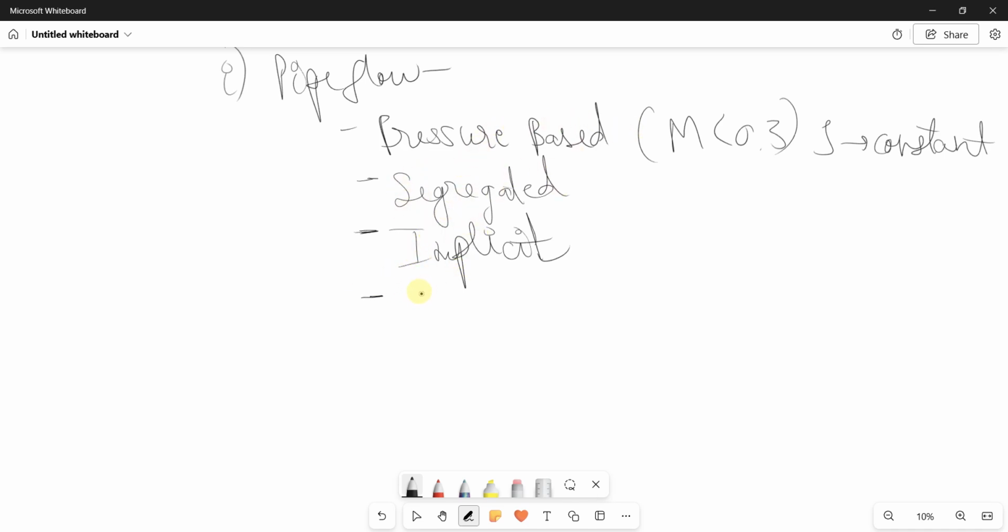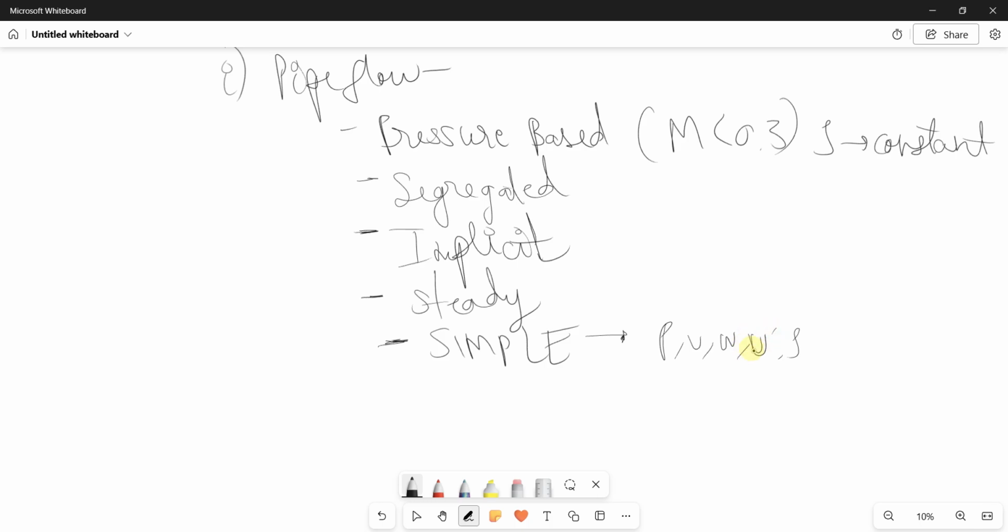Of course, it doesn't change with time, so you go with steady state, and then you can either use SIMPLE or SIMPLEC, but we can just use the SIMPLE solver. So what are these solvers used for? SIMPLE is used for your calculation of P, U, V, W, and rho, right?